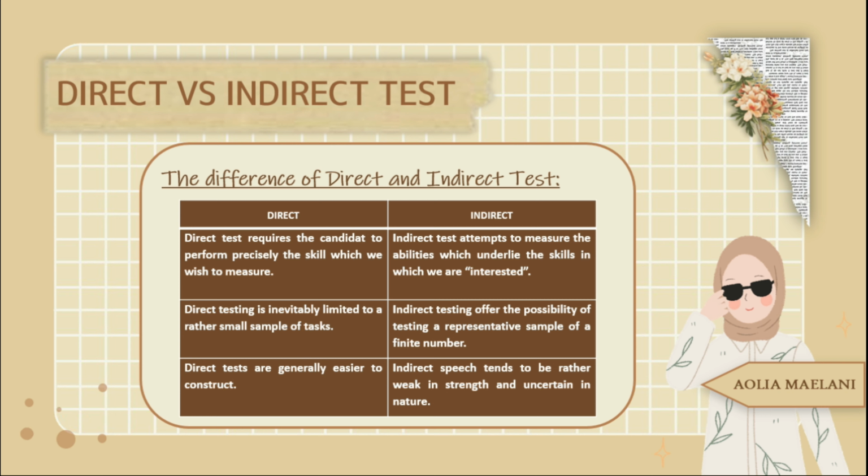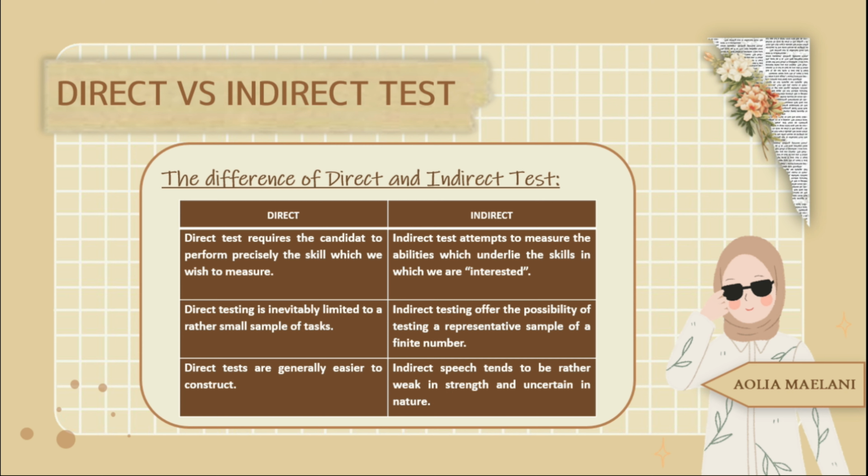Direct testing is inevitably limited to a rather small sample of items, which may call on a restricted and possibly unrepresentative range of grammatical structures. While indirect testing offers the possibility of testing a representative sample of a finite number of abilities which underlie a potentially infinitely large number of manifestations of them.